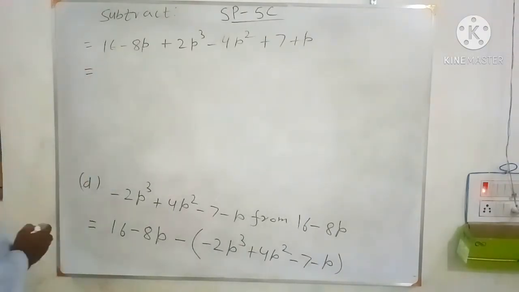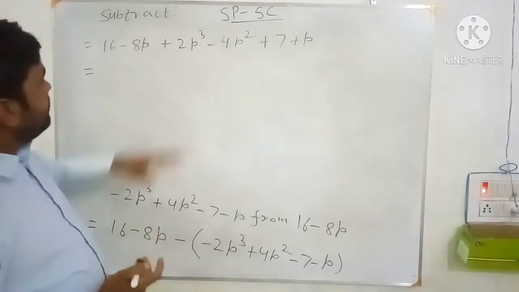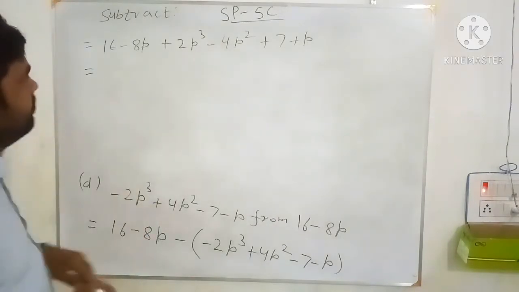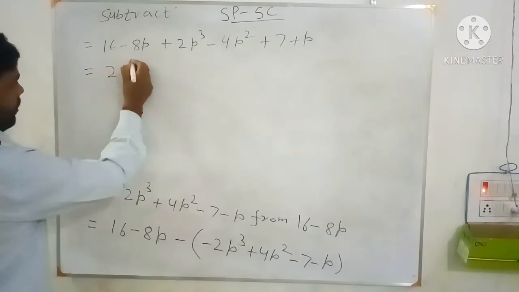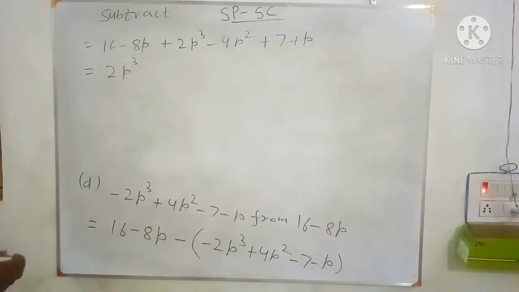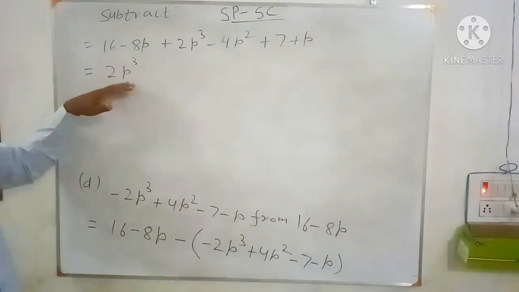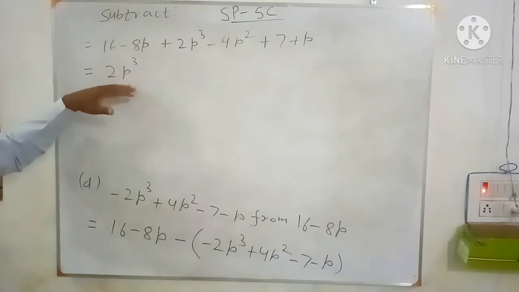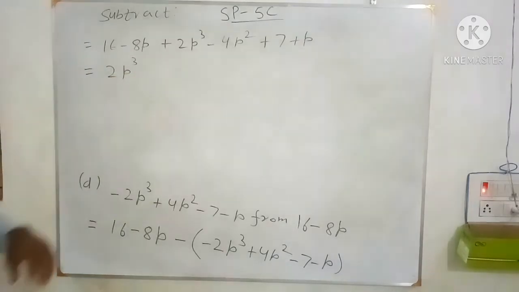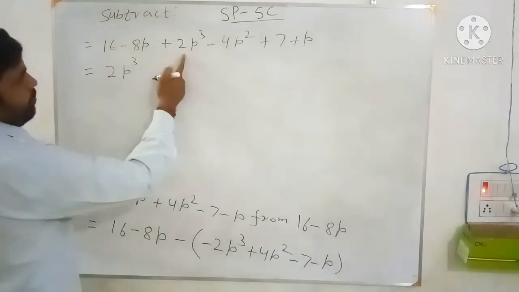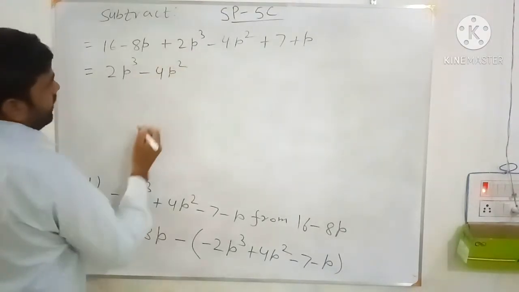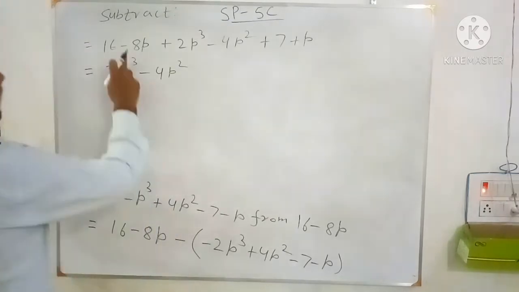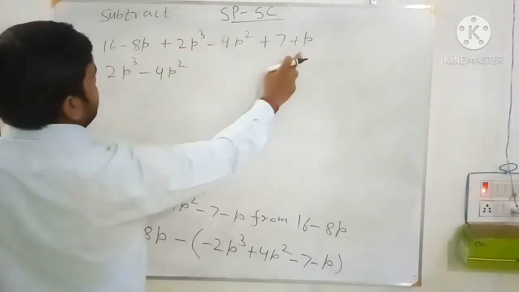So see, here is only one p cube, so we write it first in the decreasing order of the degree. The highest degree term we write first, and after that the lowest degree term. So after 2p cube there is minus 4p square. This is a single term, and after that we can write the p terms.